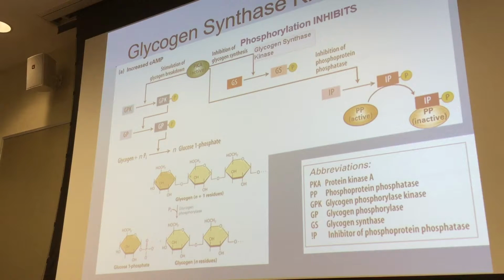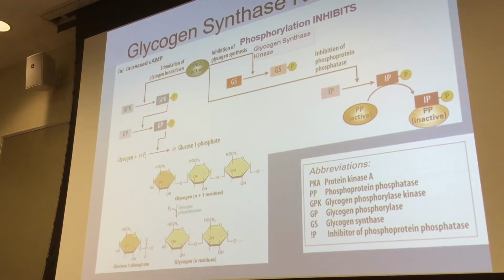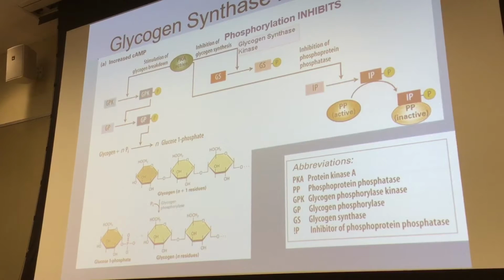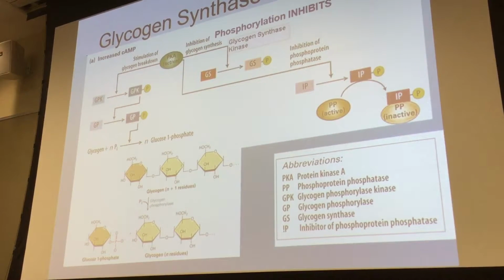So because of that, our PKA initiates a pathway which can break down the glycogen and allow glucose to be released, or can inhibit the production of glycogen so that we don't have two competing activities.